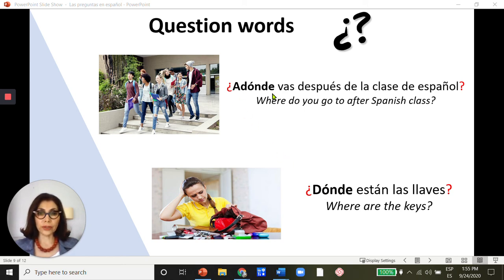However, a dónde has a very similar meaning, but we use a dónde when there is a sense of movement. If there is movement from point A to point B, we use a dónde. ¿A dónde vas? Where do you go? We know that there's going to be some kind of movement here.